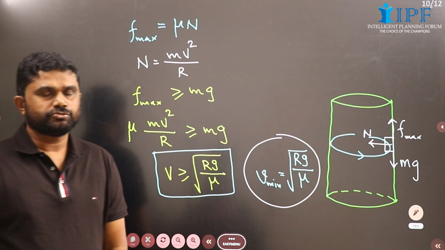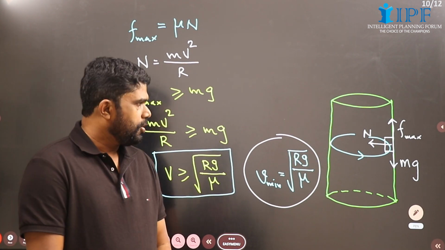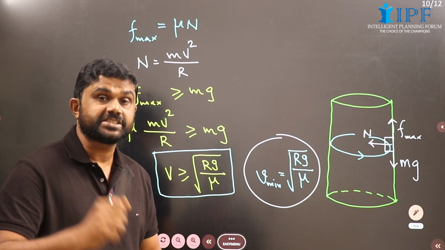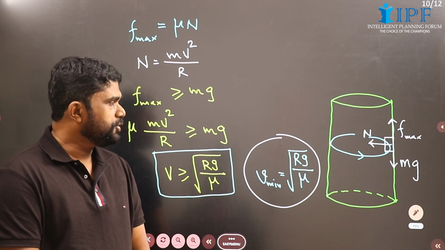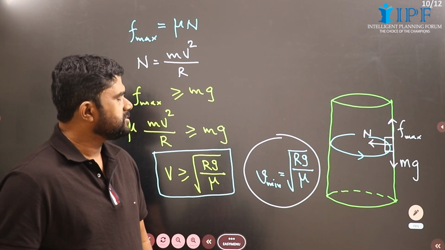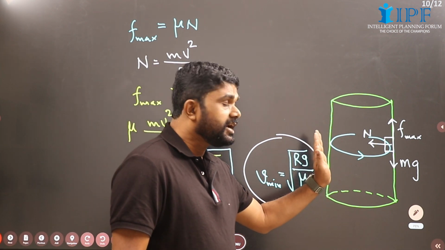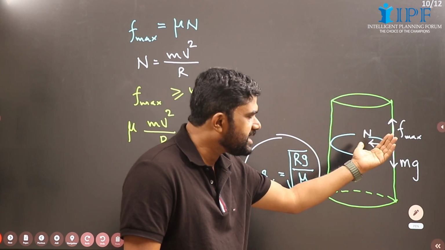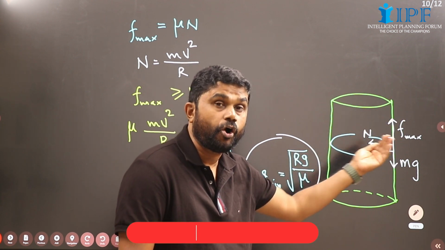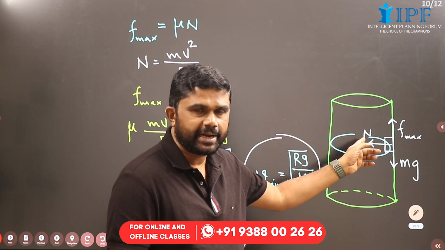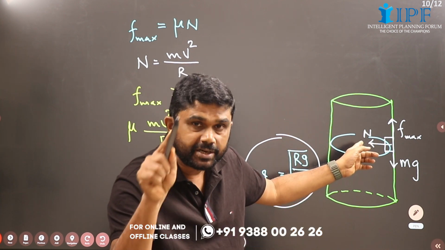Now see motion of a vehicle in a circular path on the inner surface of a cylinder. You might have seen this in circus and all. Here the vehicle presses on the vertical wall with a force. An equal reaction will be exerted by the wall on the vehicle. That reaction is represented by capital N and it stands for normal reaction.